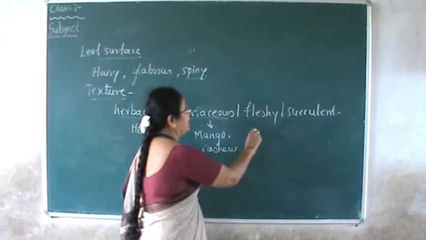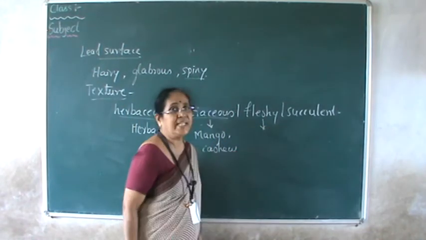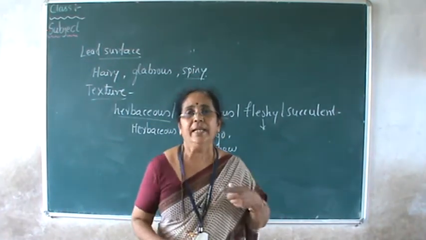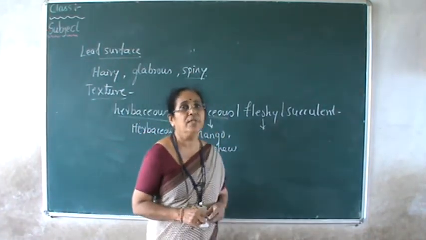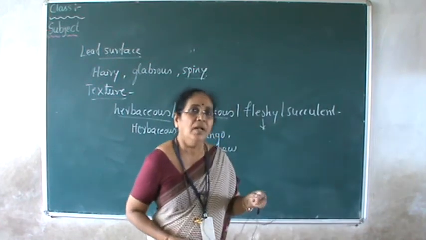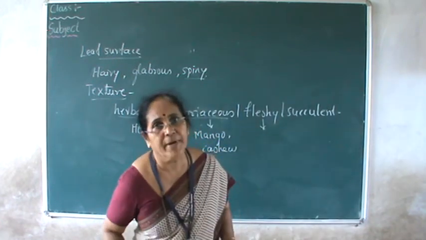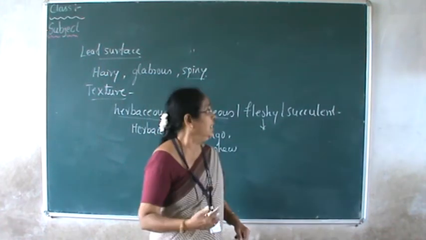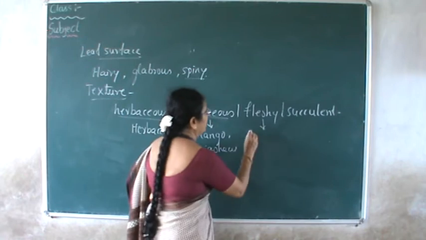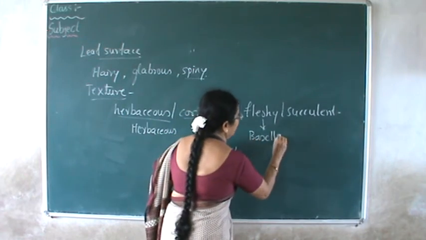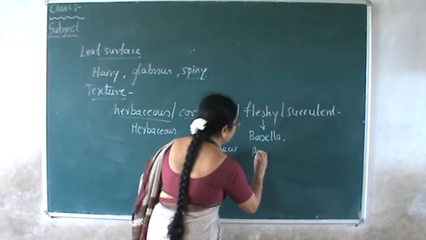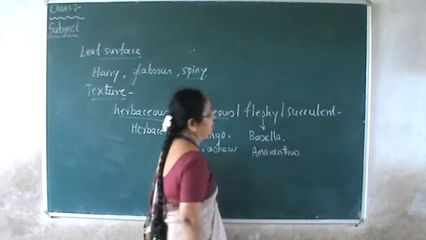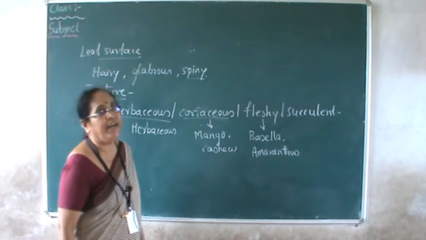Fleshy is another kind. This is found in Basella, amaranthus, and leafy vegetables like palak. They are all examples of fleshy kinds of leaves because they are fleshy in nature. They cannot withstand high temperature, and at the same time they are also herbaceous, soft in texture. That is the nature of the fleshy. Then the succulent kind of leaf.